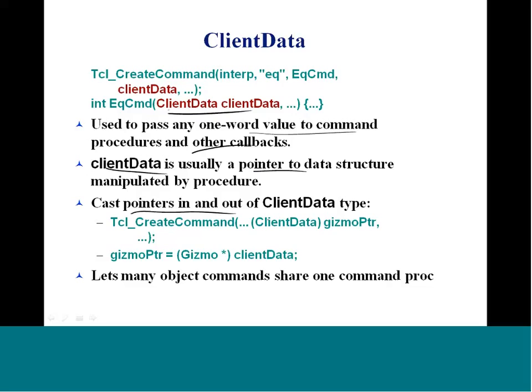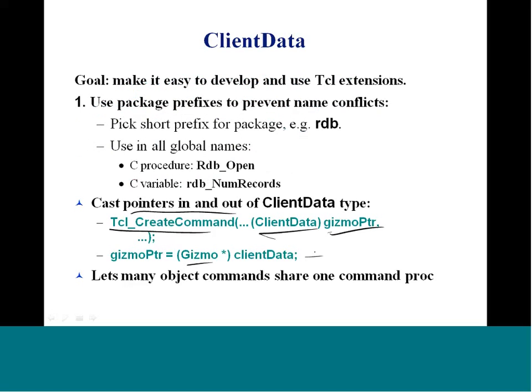So we can pass pointers in and out through the ClientData type basically. For example, Tcl_CreateCommand demo, clientData, and then gizmo pointer. The gizmo pointer we can define as Gizmo * and then ClientData. So essentially it lets many object commands share one command block.